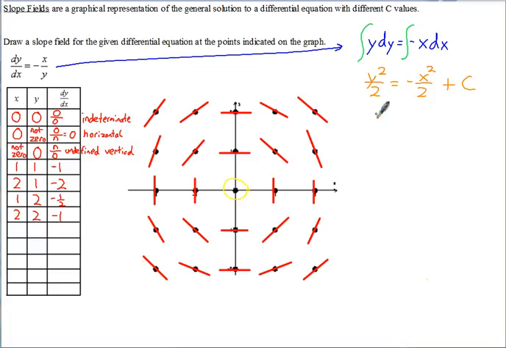I'm going to add over the x squared over 2, and then multiply it all by 2, which gives you x squared plus y squared equals c.